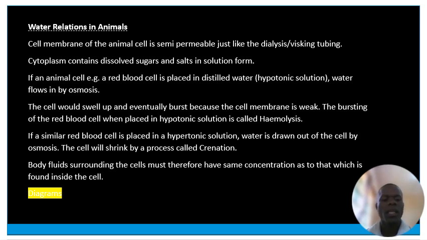The cell will swell up and eventually burst because the cell membrane is weak. The bursting of a red blood cell when placed in a hypotonic solution is termed hemolysis.